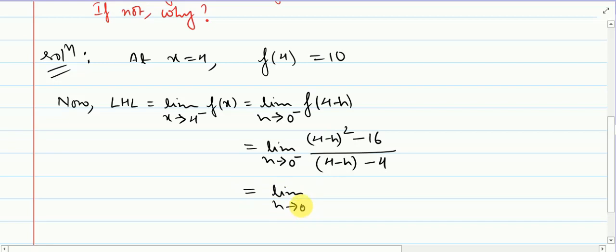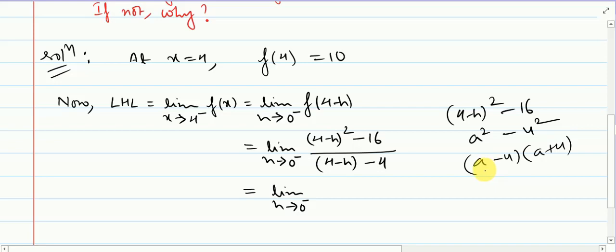Limit h tends to 0. Here this (4 minus h) whole square minus 16, you can see that this is like a square minus 4 square. So we'll get (a minus 4)(a plus 4). But here a is what? 4 minus h.